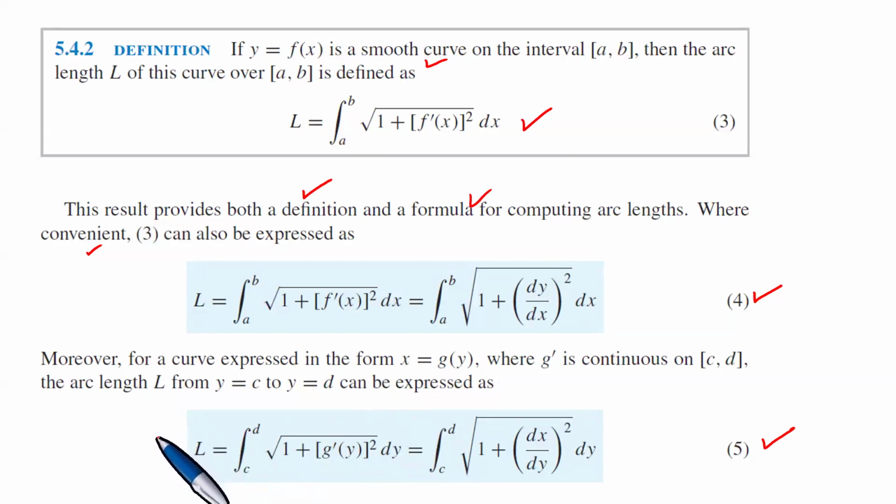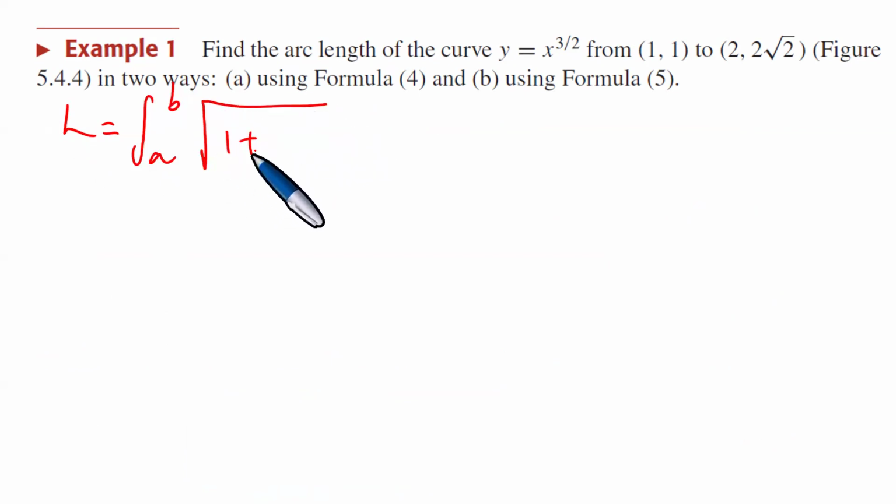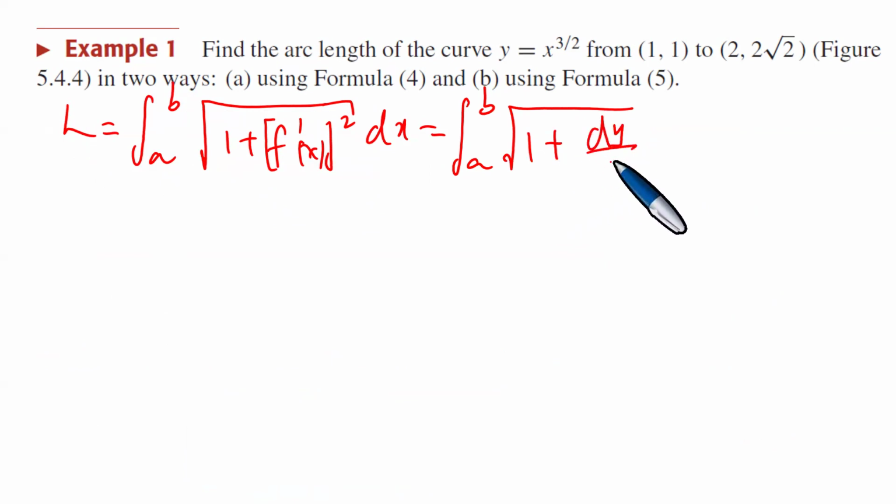Formula 4 is clear: at this point you have the arc length, which is the integral from a to b of the square root of 1 plus f prime of x squared dx, which is the integral from a to b of the square root of 1 plus (dy/dx) squared dx.